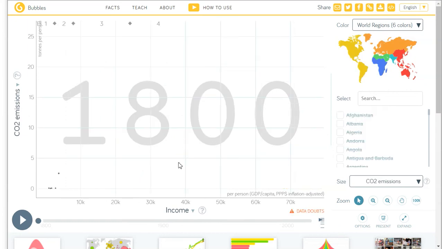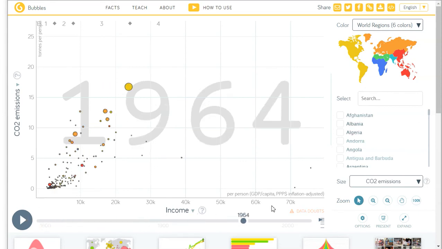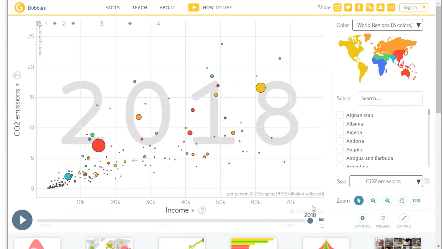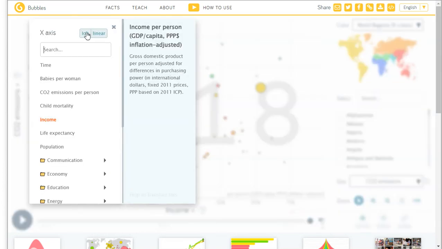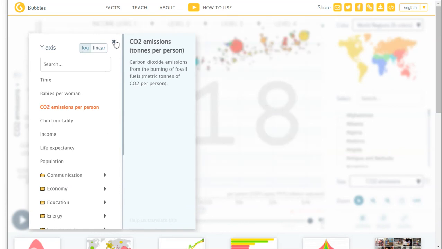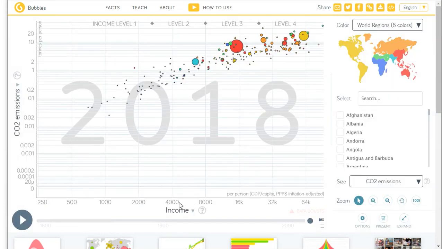Okay, next, income and CO2 emissions. That one already looks kind of linear, except all these that are huddled down there. So I guess if we make them both logarithmic, yeah, that's going to show it better.